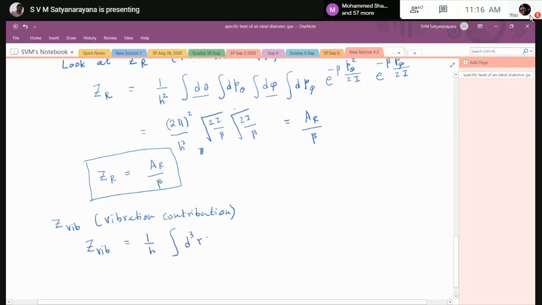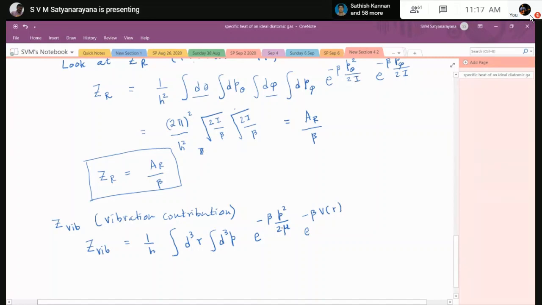I have d3r and the corresponding momentum, which I will call lowercase p, into e to the minus beta p square by 2 mu. Of course, if you are using relative coordinates, you have to use some reduced mass mu. This is how you reduce a two body problem into a one body problem. Into that I have e to the minus beta into V of r.